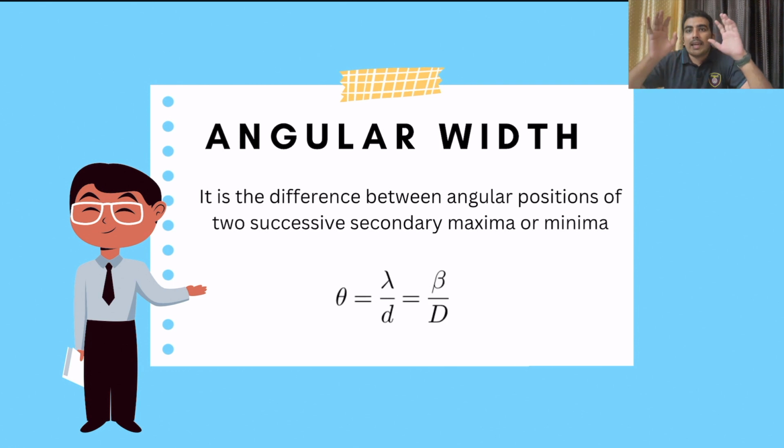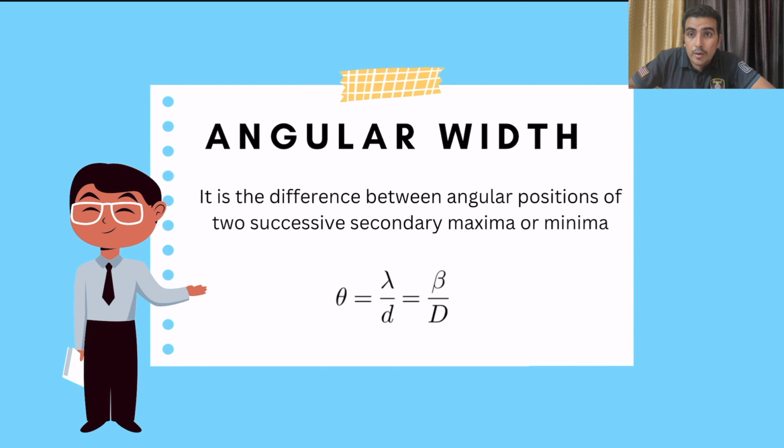So basically theta n plus 1 minus theta n. For example, the angle tilted towards the third secondary maxima minus the angle tilted towards the second secondary maxima is an angular width, which will be exactly equal to, for example, the angle tilted towards the 10th secondary minima minus the angle tilted towards the 9th secondary minima. You get the same thing.